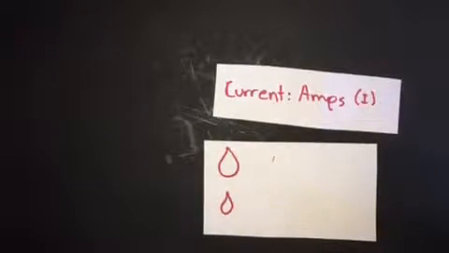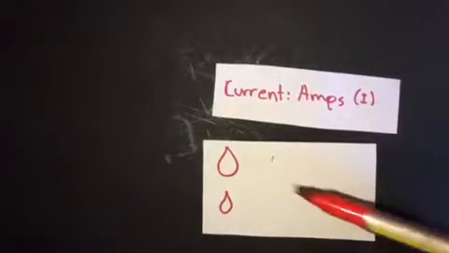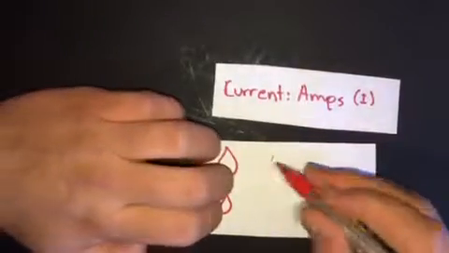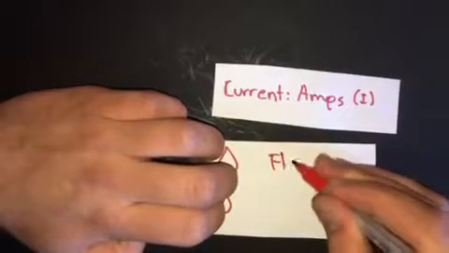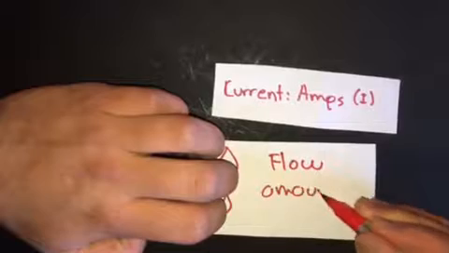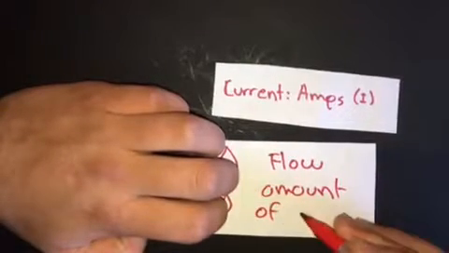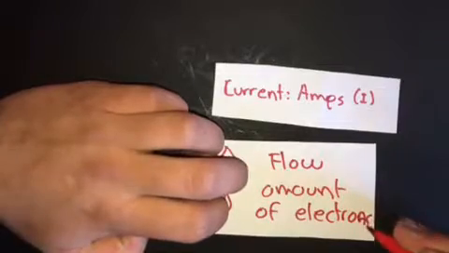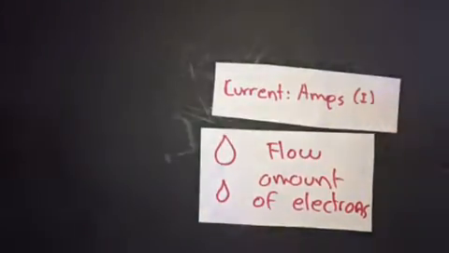Relating it to water, it would be the amount of water that goes through. So this is basically the amount of flow of electrons. So this is current.